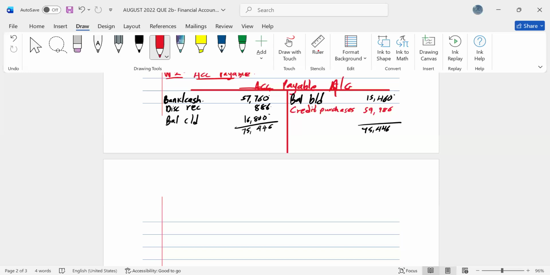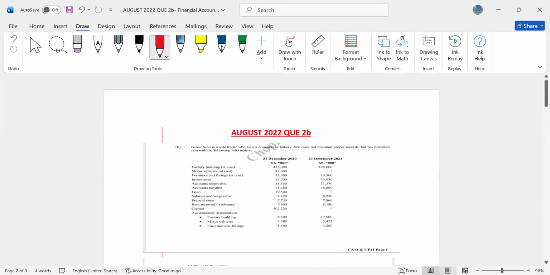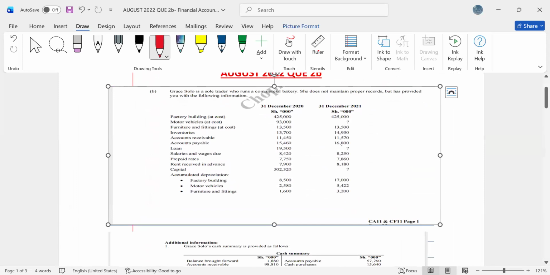Now, let's look at our incomes, our balances. When you look at income, rental income or rent income, they've told us there's a rent income that was received in advance.